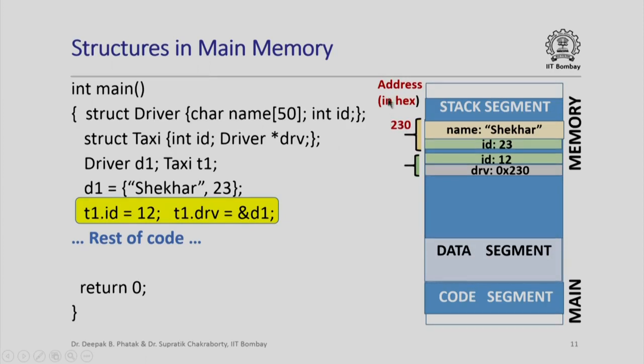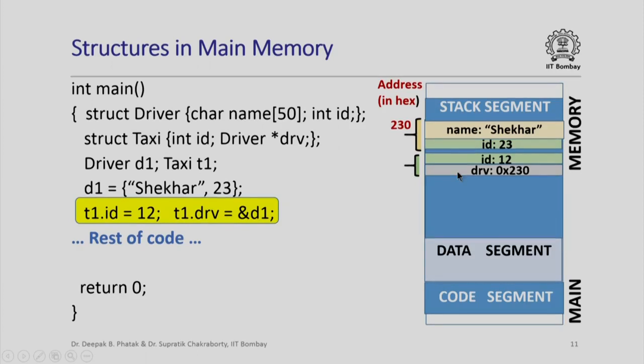Let us say that address in hexadecimal notation is 230. Then in the space allocated for DRV for the variable T1, the hexadecimal value 230 will be stored. Now if you look at this memory layout, you will realize that the member DRV of the variable T1 actually has the address of the variable D1.